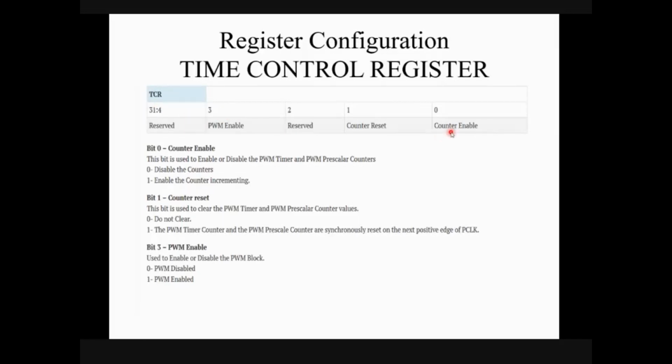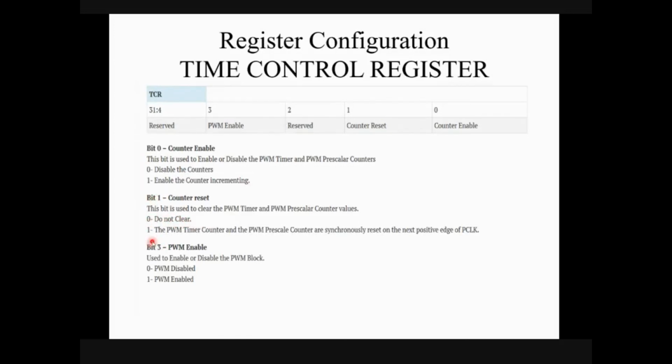I told you a bit can have two values, either 0 or 1. So when bit 0, the counter enable, is 0, it disables the counter. If this bit is 1, it enables the counter incrementing. Bit 1 is the counter reset. If it is 0, do not clear; the counter will not be reset.